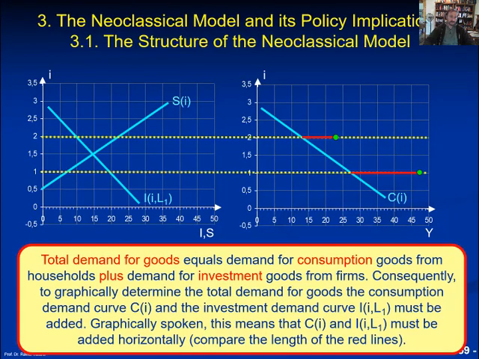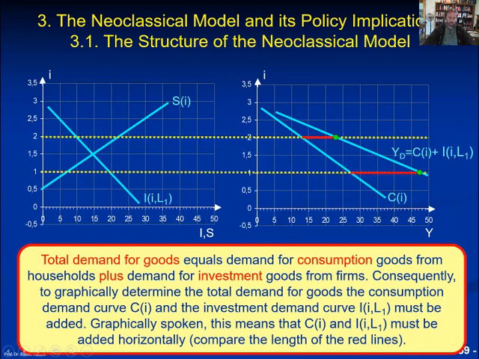Since we have only straight lines, the other points of the total demand curve must lie on the straight line which links the two green points. This curve here. You should take a straight edge and check this relationship for other interest rates.